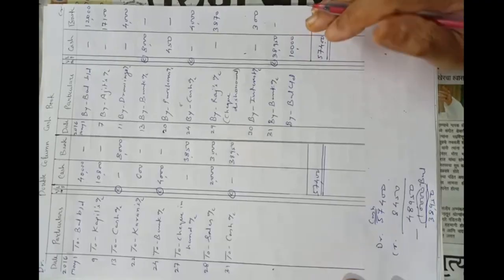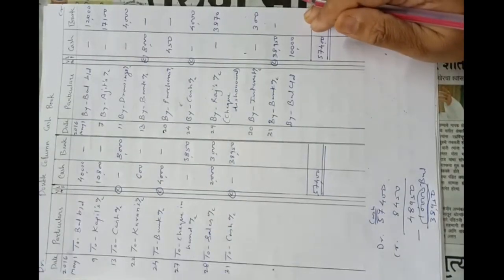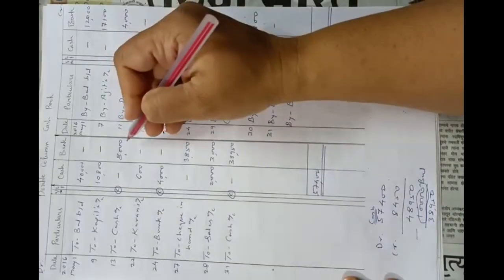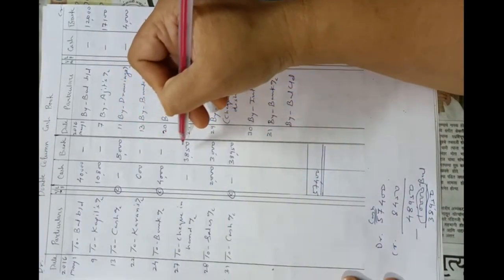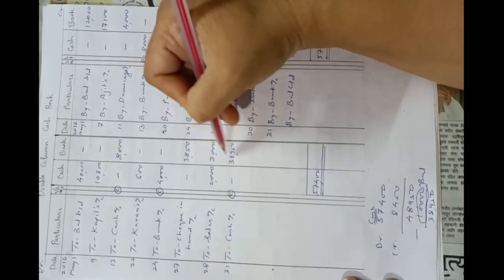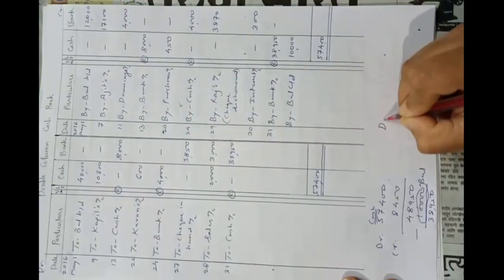Now bank column. Now we will enter the amounts of bank column, that we will tally the bank account bank column. Debit total is 53,800.